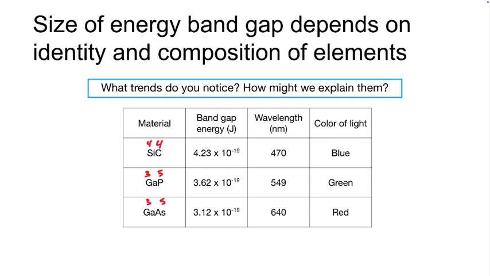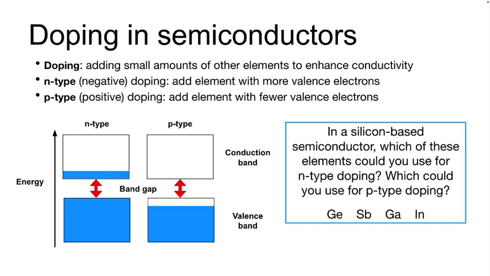And since we can get varying ones, that means we can tune the band gap. We can control the energy necessary to relax. That can happen by changing the individual material itself. It can also be altered and tweaked by doping. And in doping, what we do is we add another element into the material.